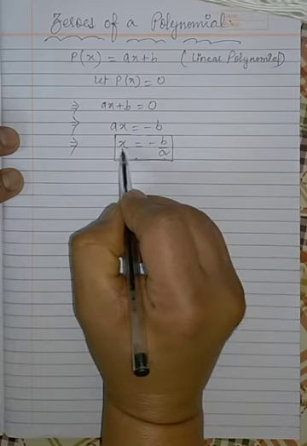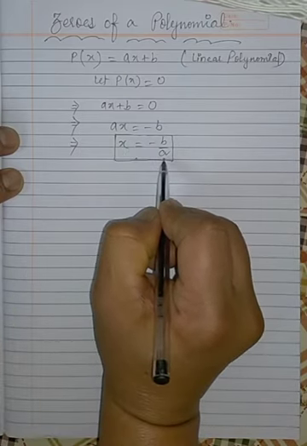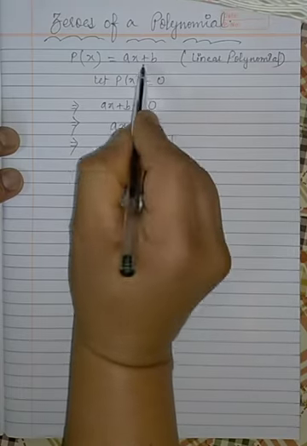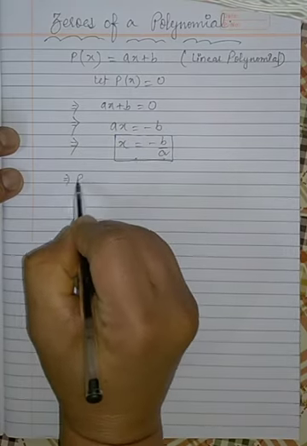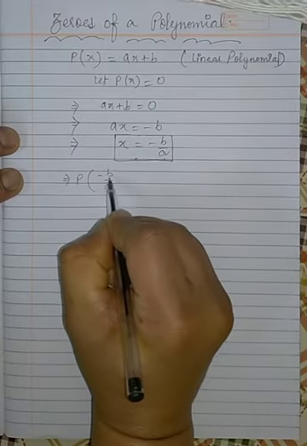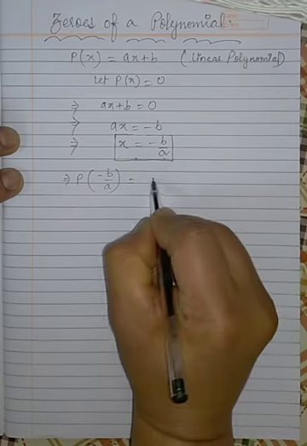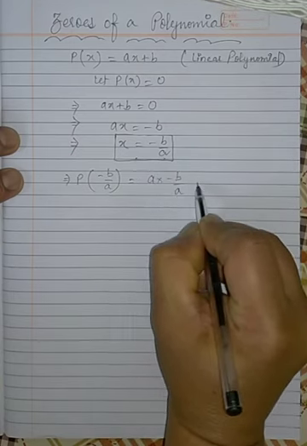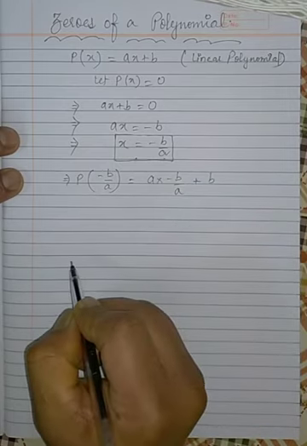That means if x is equal to minus b upon a is the zero of the polynomial, then on replacing x in the given polynomial, p of minus b upon a is a into minus b upon a plus b.